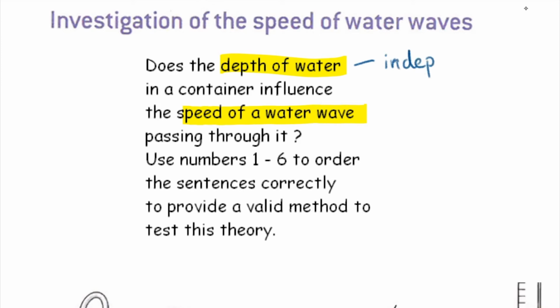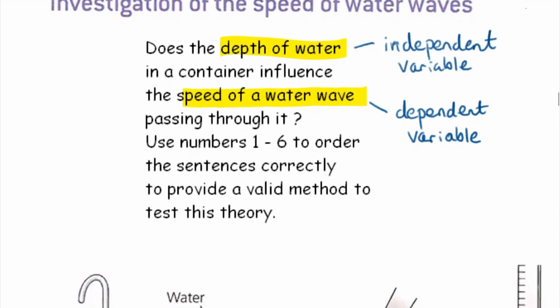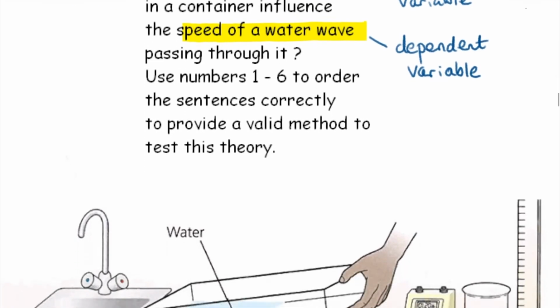Remember, the independent variable is the one thing that we change. The speed of the water wave is our dependent variable. That's the thing we measure. And we must keep everything else the same.